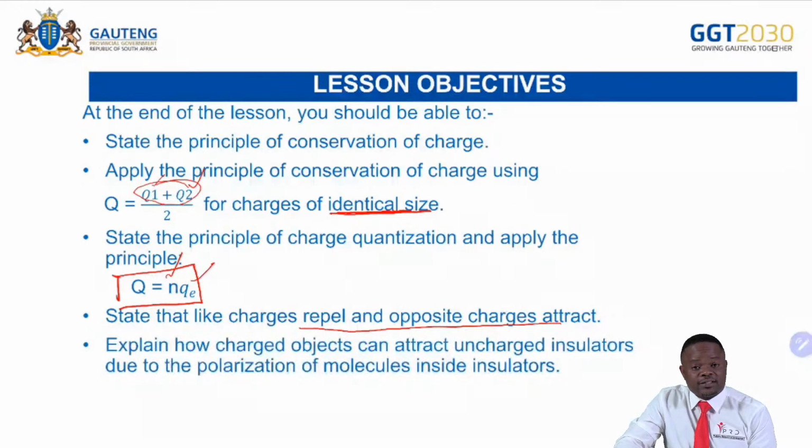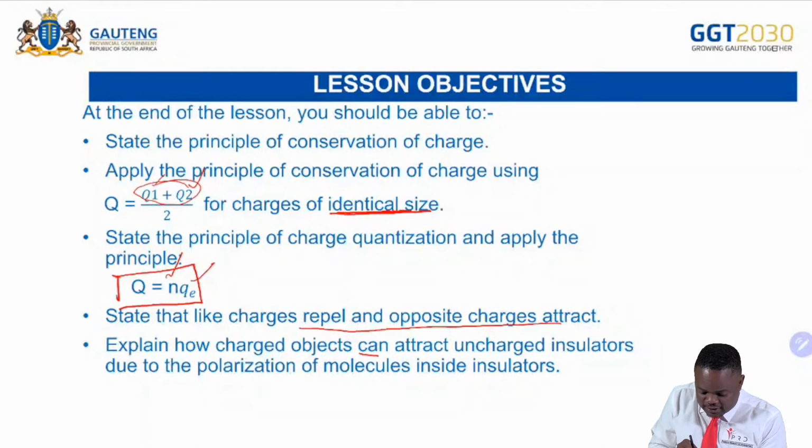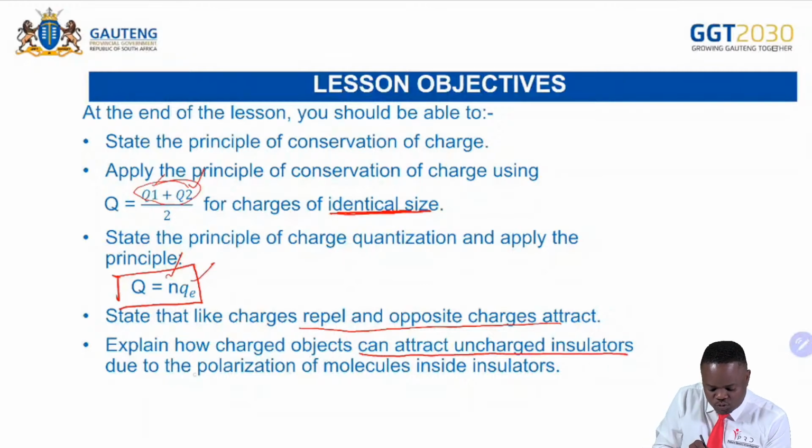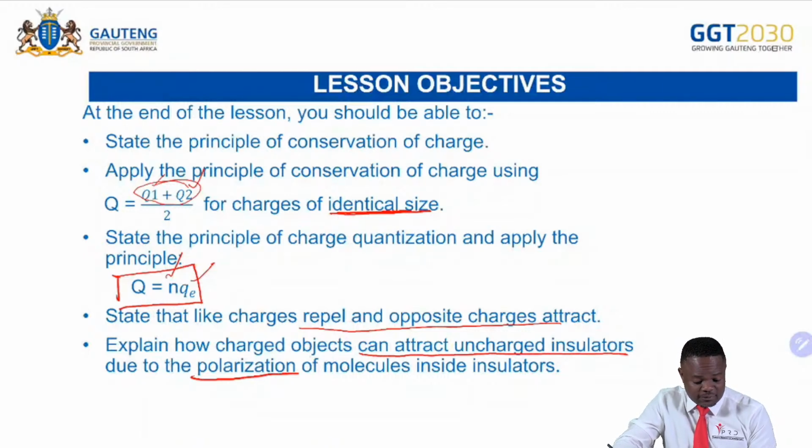Last but not least, you should be able to explain how charged objects can attract uncharged insulators due to polarization of molecules inside the insulators. These are our objectives for the lesson, and I believe we shall achieve them.